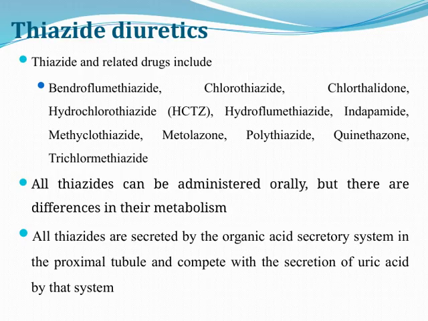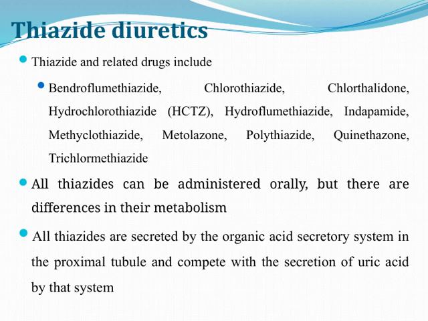Another key point is how all these drugs are handled by the body. They are secreted in the proximal tubule of the kidney via the organic acid secretory system. This is significant because it influences not only their effectiveness, but also their interactions with other substances. Specifically, they compete with uric acid for secretion through this system.